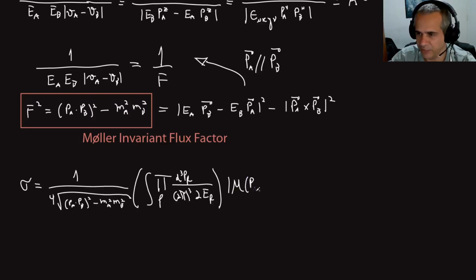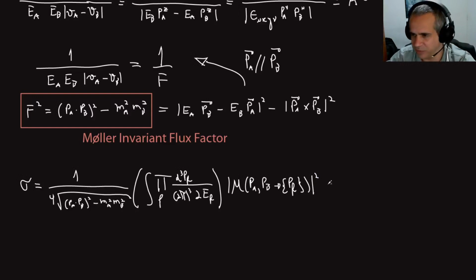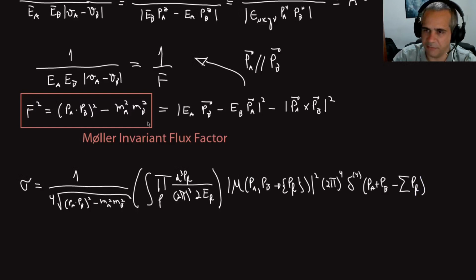By the way, this is not the S matrix, right? This is the dynamical part of the T matrix, speaking strictly, right? But we usually call this the S matrix, or the matrix element, despite not being the full S matrix, but it is what matters to us for scattering. Times (2π)⁴ δ⁴, and this is just the conservation, P_A plus P_B minus P_F, right?